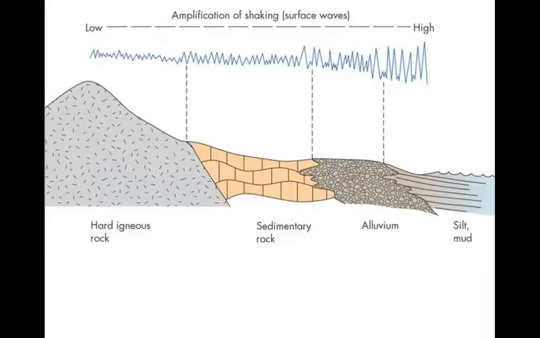When seismic waves are passing through dense rocks, such as igneous or metamorphic rocks, they travel at faster velocities. As a result, they have lower amplitudes. But as density decreases, seismic waves passing through that material slow down, and as a result, their amplitudes increase.